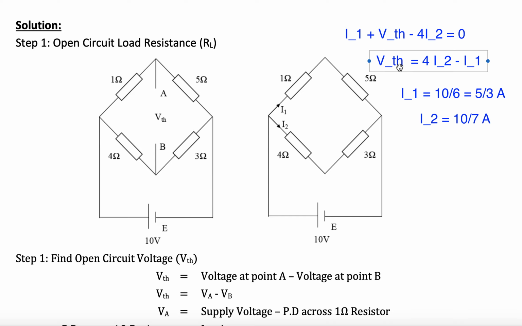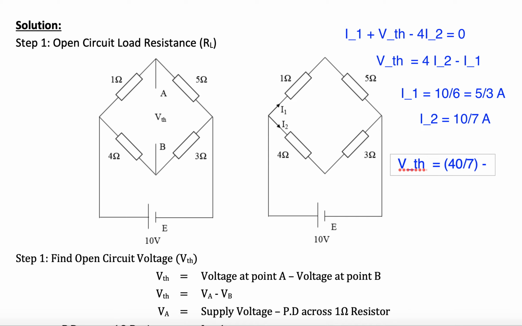Okay, now find VTH. 4I2 is 40 by 7. Not 8, 7. Okay. What is I1 then? Keep a bracket. I1 is 5 by 3.